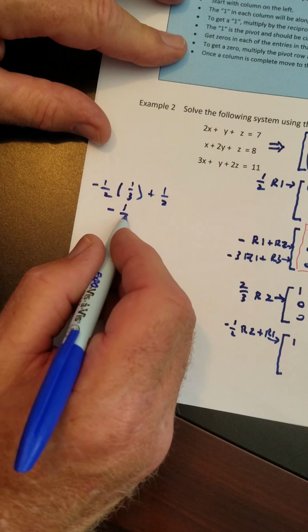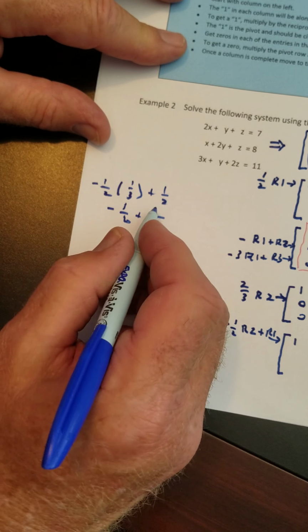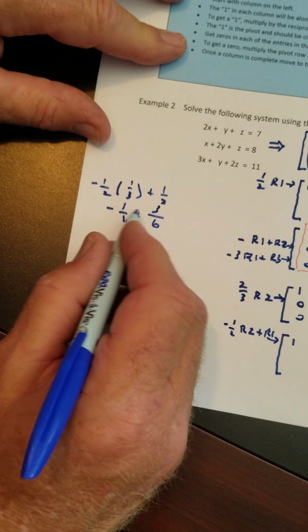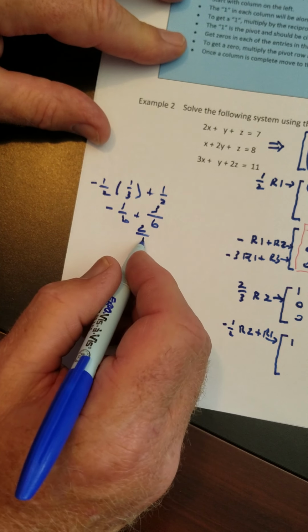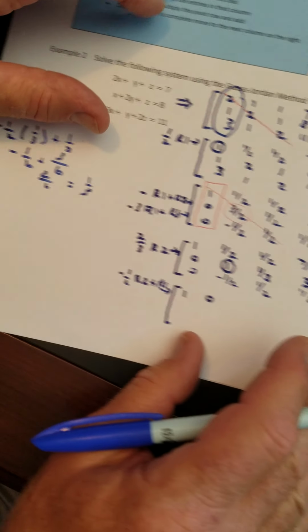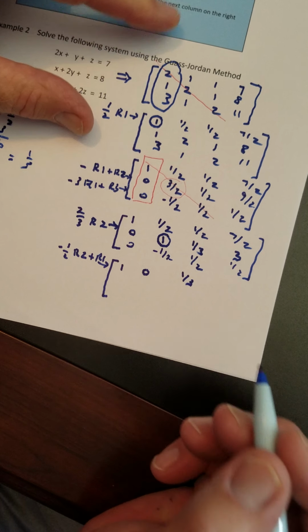That's negative 1/6, and then you got to have a common denominator, so I got to write it as something over 6. 1/2 is the same as 3 over 6. So I got negative 1 plus 3 is 2 over 6, which is 1/3. I come over here, that number is 1/3.